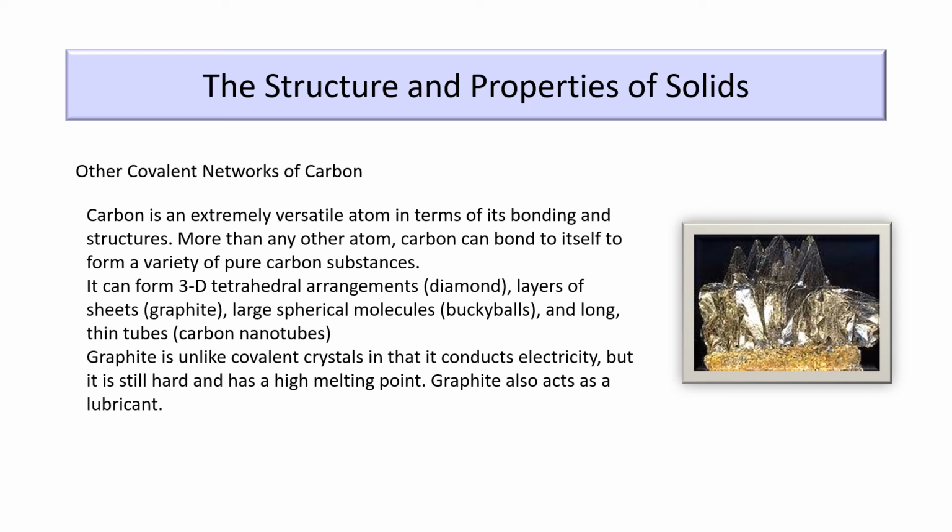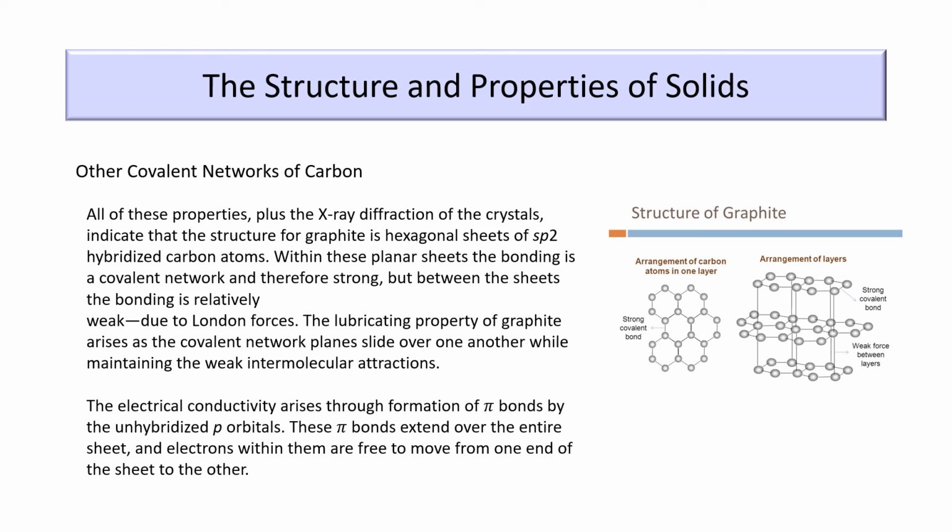a very high melting point. Graphite also acts as a lubricant. All of these properties, plus the X-ray diffraction of the crystals, indicate that the structure for graphite is hexagonal sheets of sp2 hybridized carbon atoms.